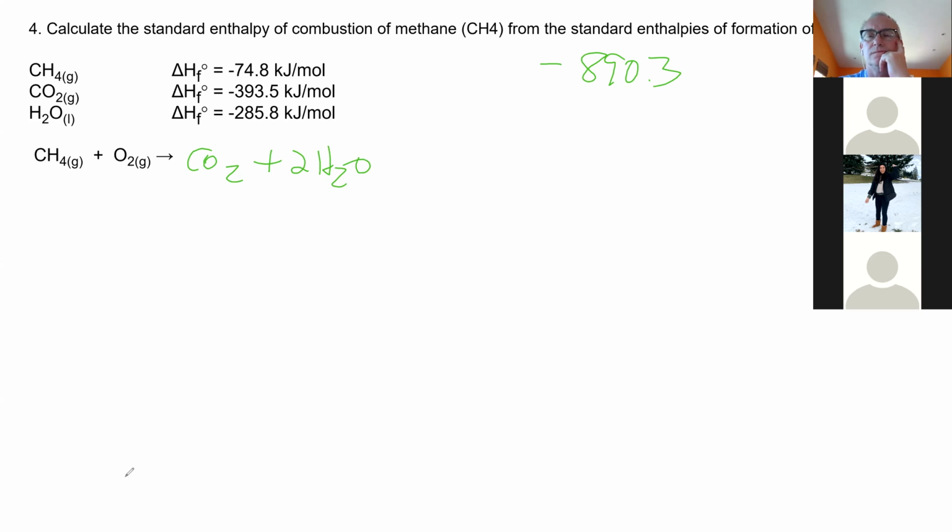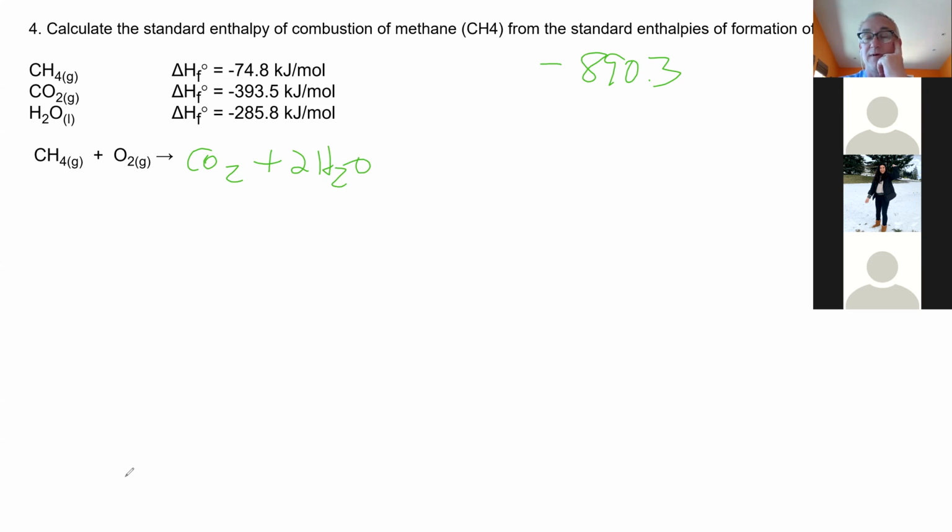Divide. We can divide? We actually don't divide. We sum. What do we sum? We sum the change of the heat between CO2 and H2O.